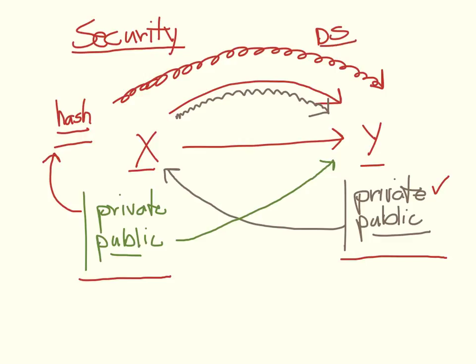I'll abbreviate. Now when it gets on the other end, Y can decrypt it because they have the public key. Right? It would have to match because this is the only private key that could encrypt it. So they can decrypt it. Okay, now they have this decrypted.